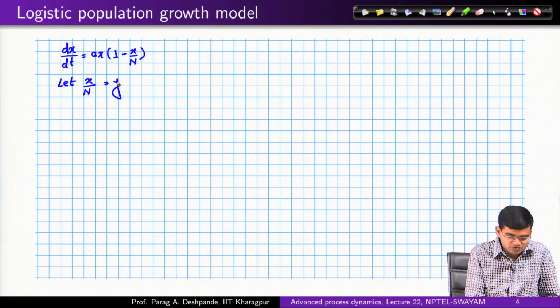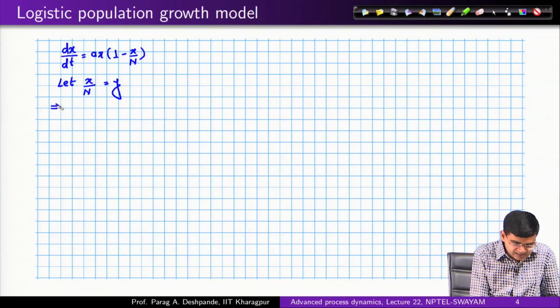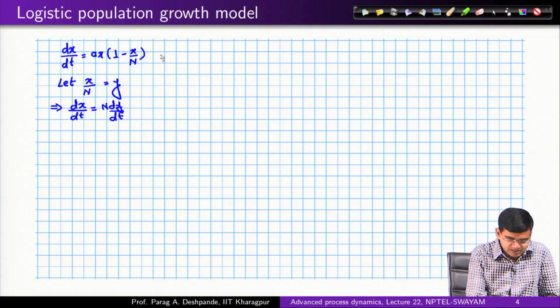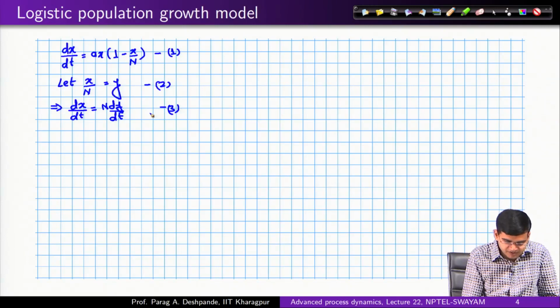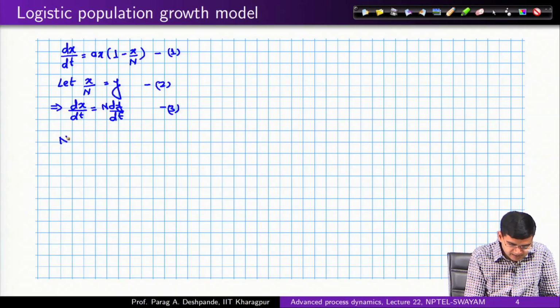Okay. So, if this is the case, then I know that dx by dt would be equal to n dy by dt. Okay. This is 1, this is 2 and this is 3. So, let me substitute equation 3 in equation 1. I can write this as n dy by dt is equal to a.